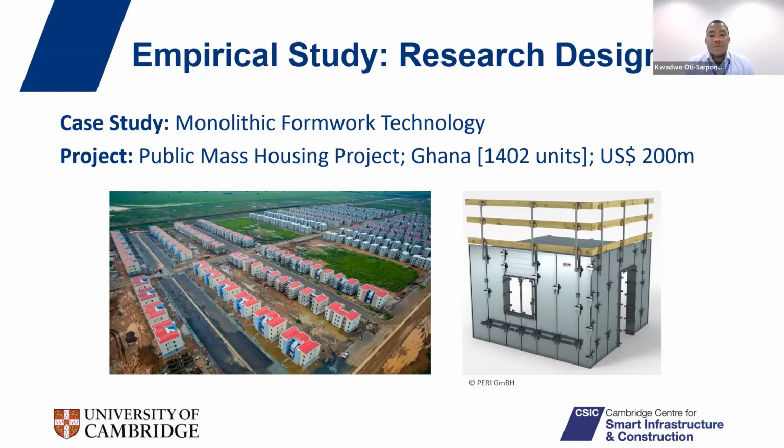The contractor who delivered this project was Brazilian. The consultants were Portuguese, and there were some local Ghanaian consultants, the public sector consultants for infrastructure project delivery, working on behalf of the government. They oversaw the delivery of this project.